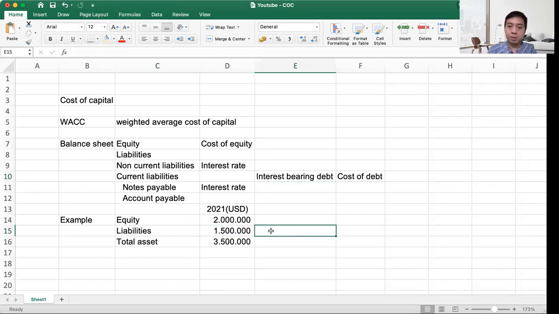For example, the interest-bearing debt is 95% of the total liabilities.